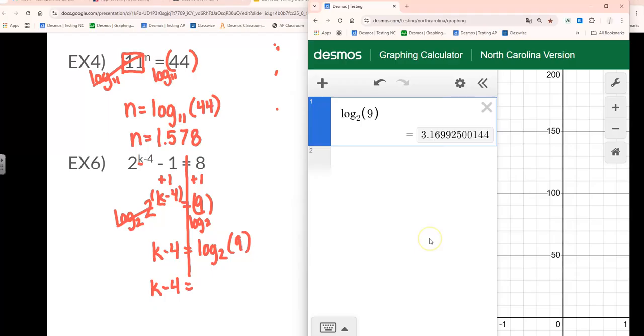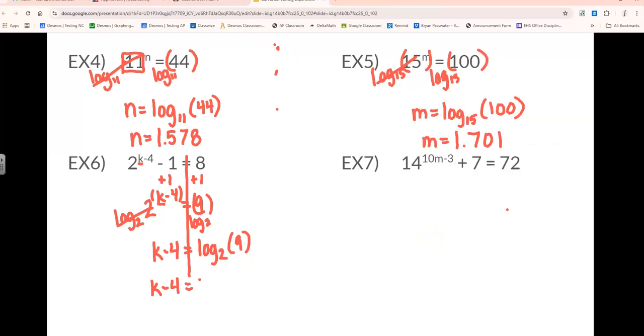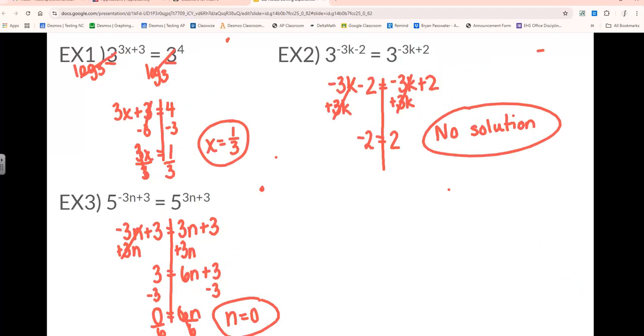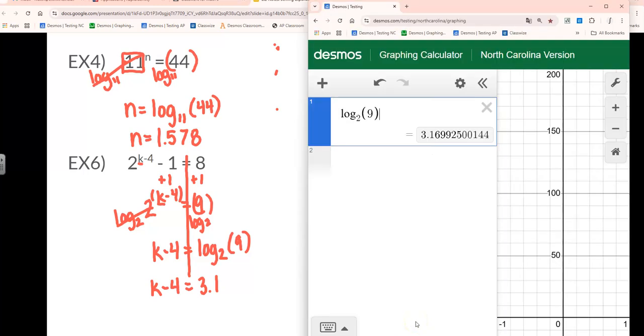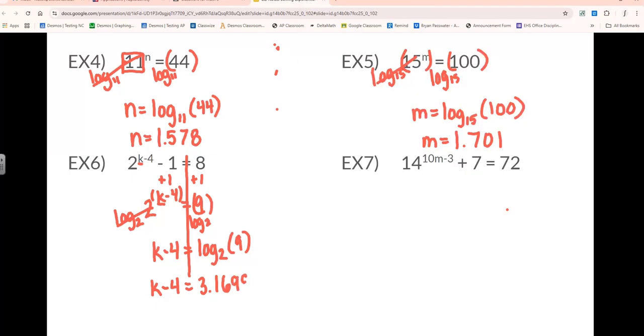What was it? 3.169925. Why is my brain not holding numbers better than that? You want to wait till the very end of the problem to round your answer on these, because if you round too early, it can cause you to be off by more than the 3 decimal places.